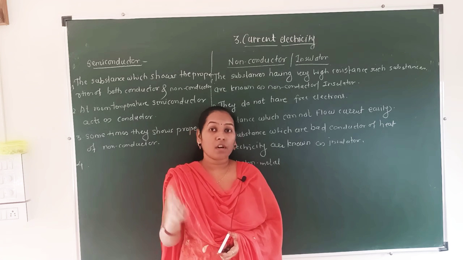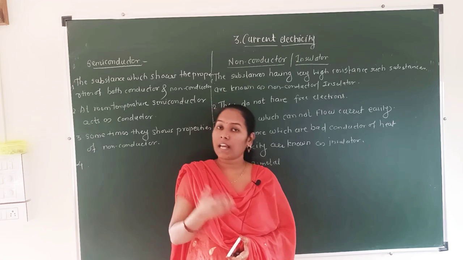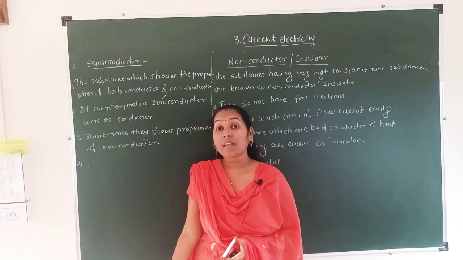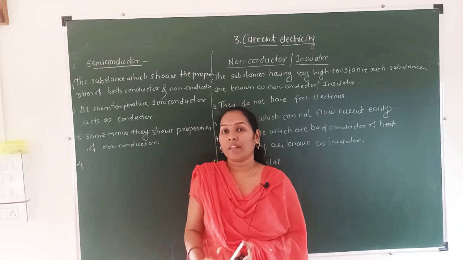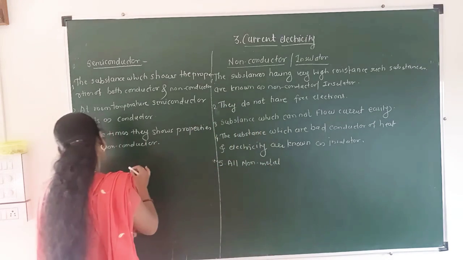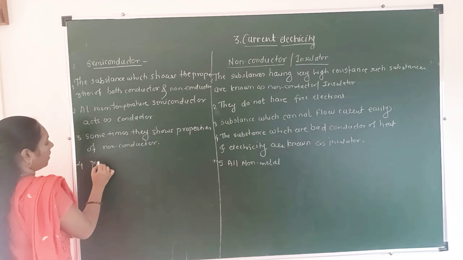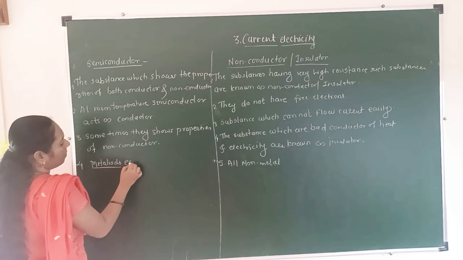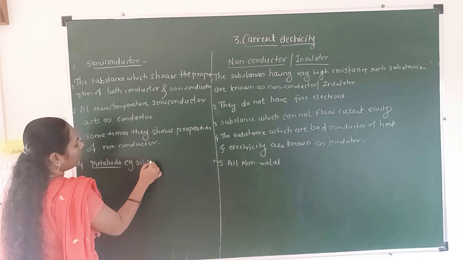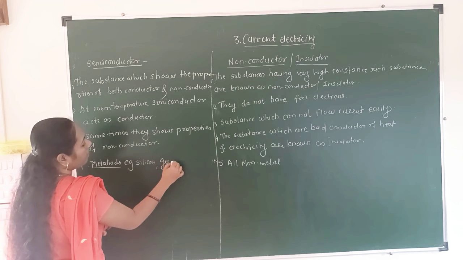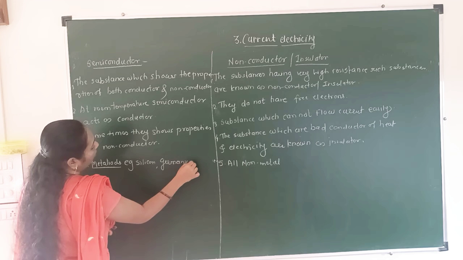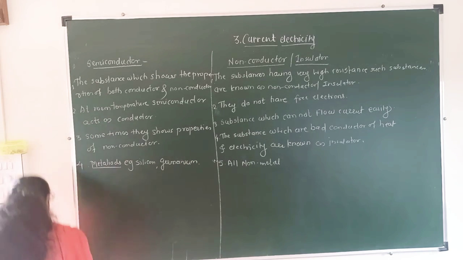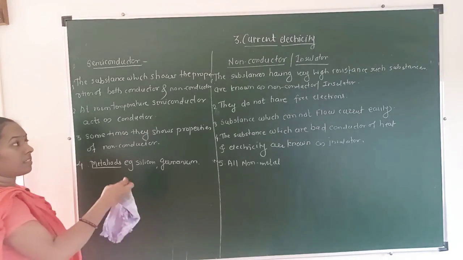The example of semiconductor is metalloids, since they lie between metals and non-metals. Therefore, I can write here examples: silicon, germanium. These substances behave as semiconductors.